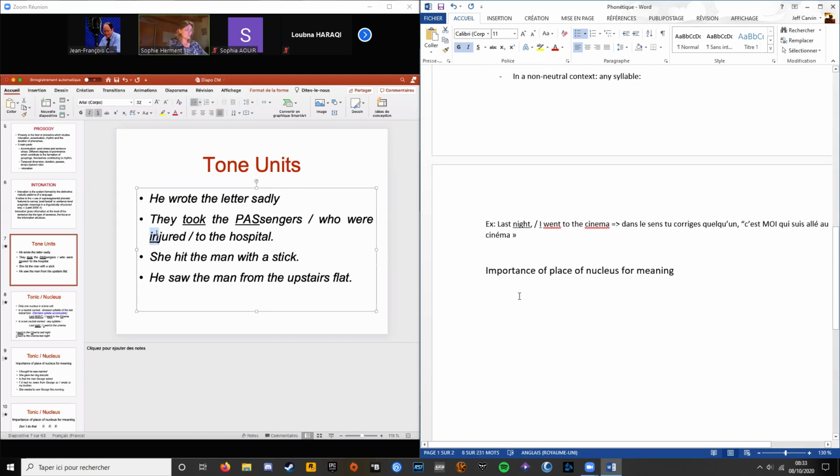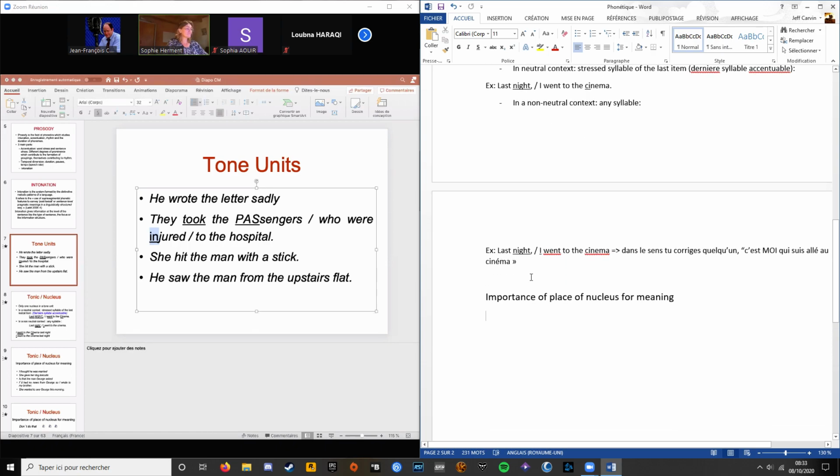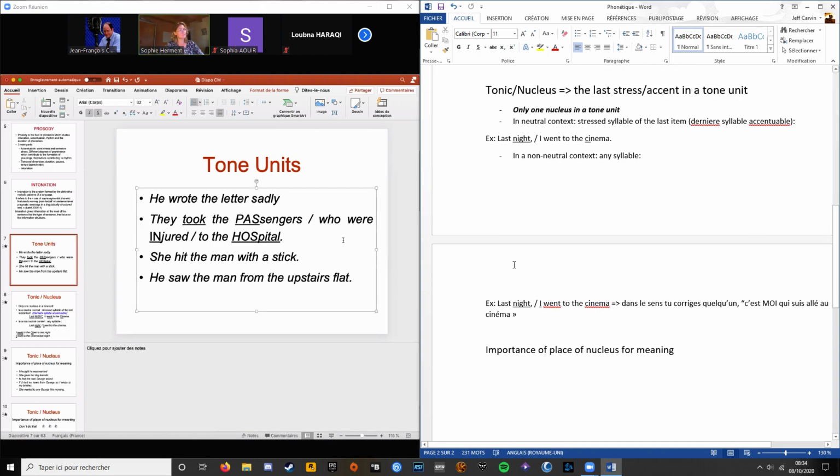I made a mistake here. My nucleus here is injured. And to the hospital, again, there's only 1 sentence stress. So of course, it's going to be the nucleus. Okay, 1 nucleus per tone unit. Is that clearer? The difference between tone units and nucleus?